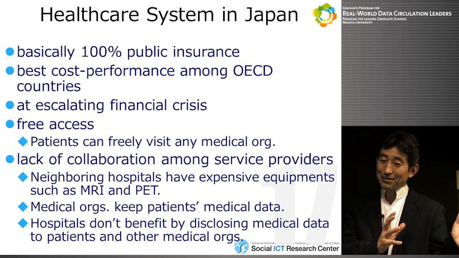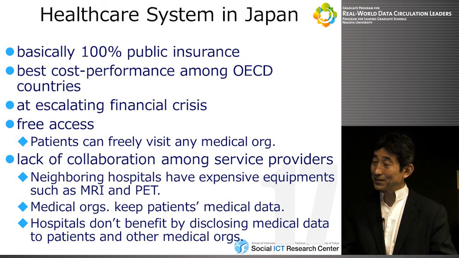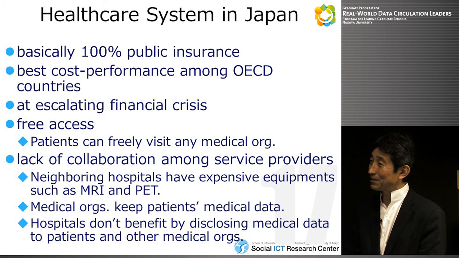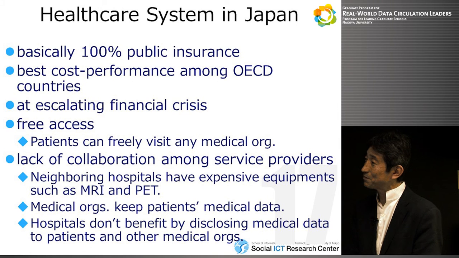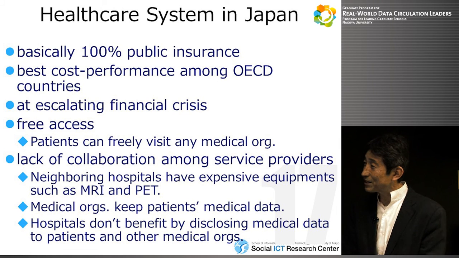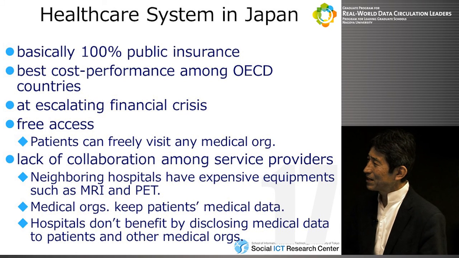So that it is difficult for big hospitals to concentrate on difficult cases. That's a huge inefficiency in the Japanese healthcare service system. So the government wants to reform the situation in many different ways as well.